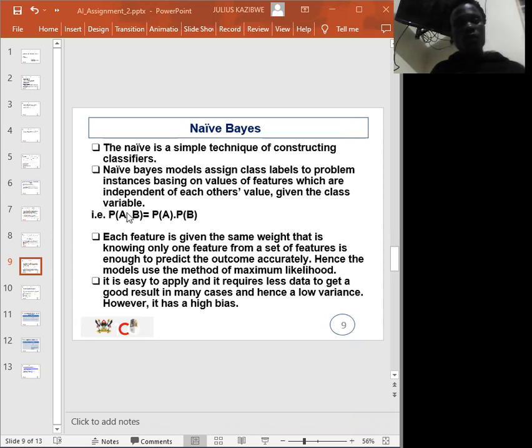If you have A and B, they are independent of each other. So A alone can determine the output, or B alone can determine the output, since both of them are independent of the other.